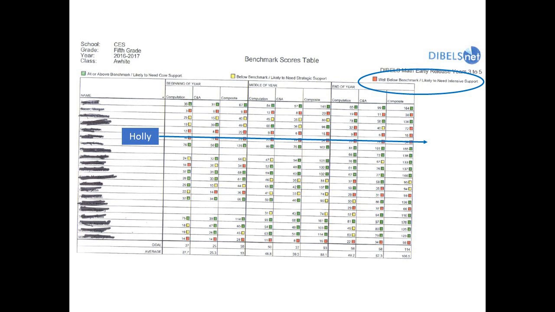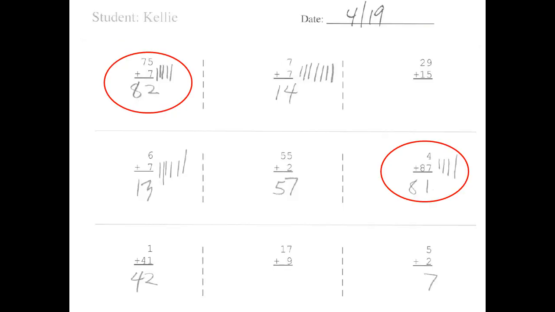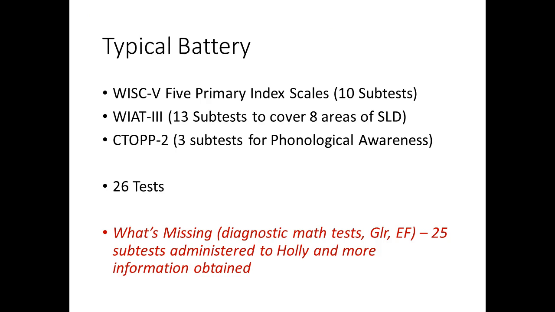This slide shows her DIBELS progress monitoring, and it shows that she has been well below benchmark all throughout 5th grade, despite intervention. Here's an example of some problems and how she solves problems.